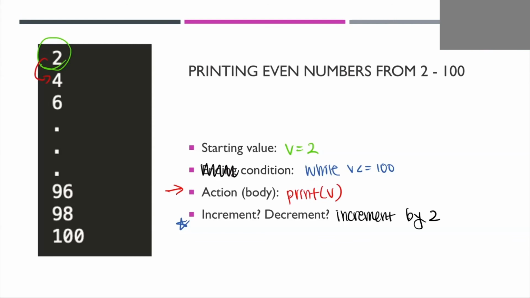Because you can see as we're going through, every single time we increment, we're incrementing by 2. So we're increasing our value v by 2, which means we have our new value of v, which just needs to be printed, and that's all we need. We will stop as soon as we attain 100. Hence, we have this while v is less than or equal to 100. That being said, let's go ahead and code this out.